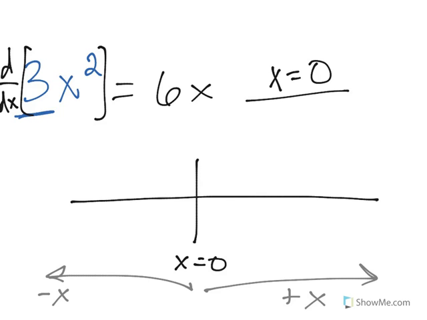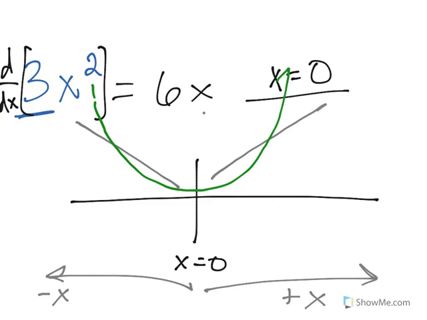If you plug in any negative x, you will get, of course, a negative number, which means a negative slope. A negative slope is represented by a downward sloping line. And if you plug in any positive x, you will get an upward sloping line. So by this you can know that your function must look like a parabola going up.